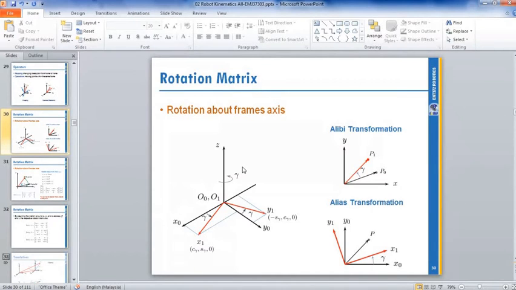Normally students make a careless mistake about where the view is, where they look from the axis. If they have a wrong understanding, they say this is rotating clockwise, so it's a wrong imagination.